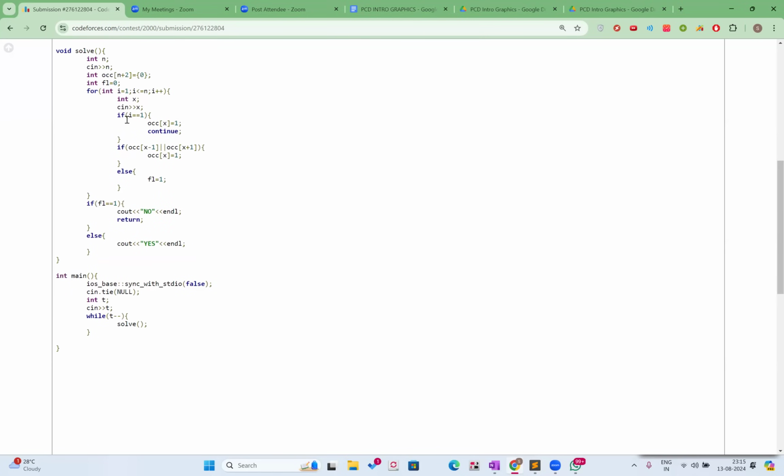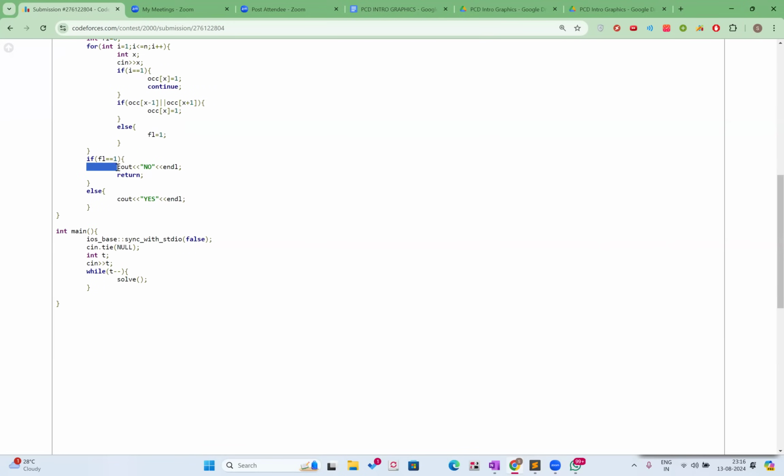Otherwise, if this condition is unsatisfied for any of the passengers, that is, if he wants to occupy the xth seat and the (x minus 1)th seat is unoccupied and the (x plus 1)th is also unoccupied, then there is a failure and I'll print no. So I have created a flag variable and I'll mark it as 1.